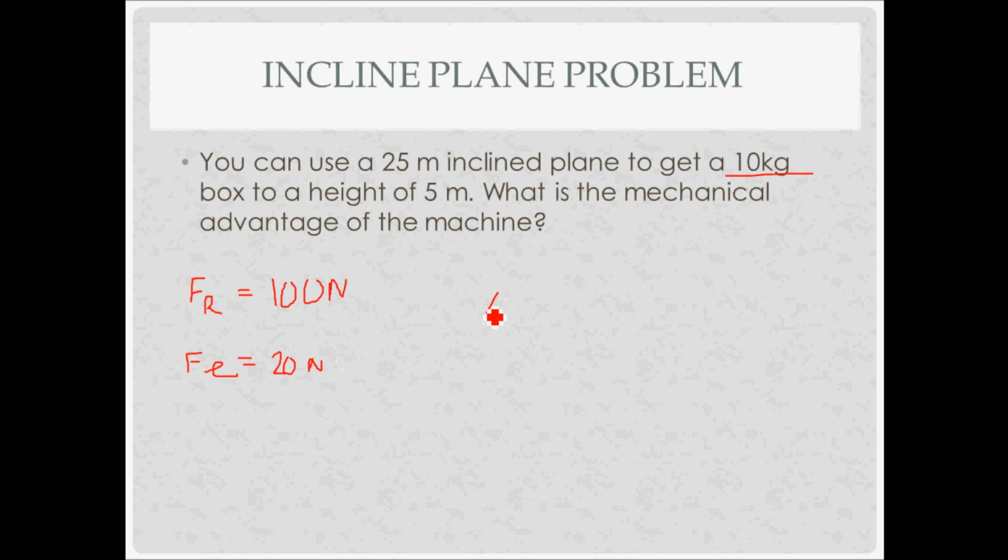Alright, so if you want to find mechanical advantage, you need FR over FE, which will be 100 divided by 20. Now the units on both of those are newtons. So if you notice, the units cancel out. So mechanical advantage has no units. So your mechanical advantage is just a number, and it's 5. Okay, because 100 divided by 20 would be 5.